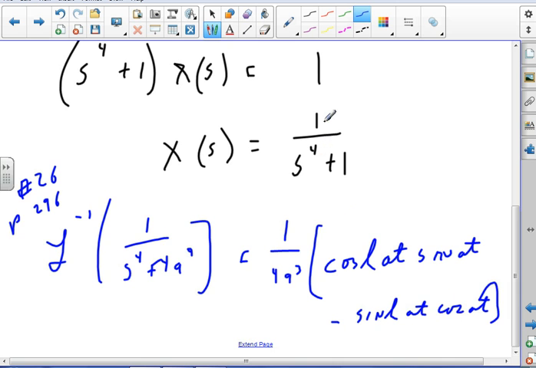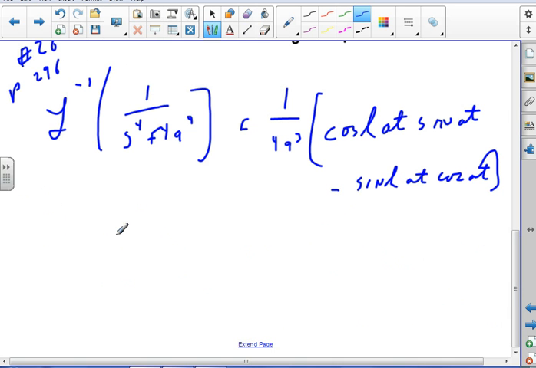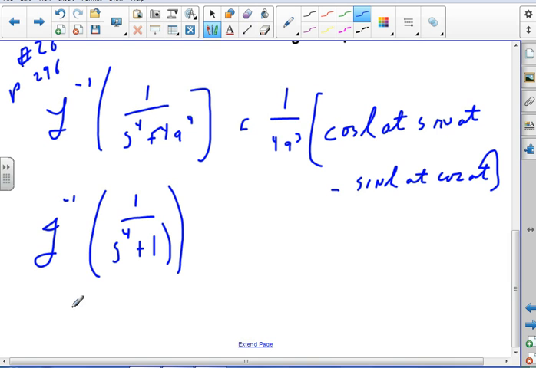Okay, so I'm looking at the inverse Laplace transform of 1 over s to the fourth plus 1. Okay, so that's what I want. I find that a is equal to, so 4a to the fourth has to be 1.